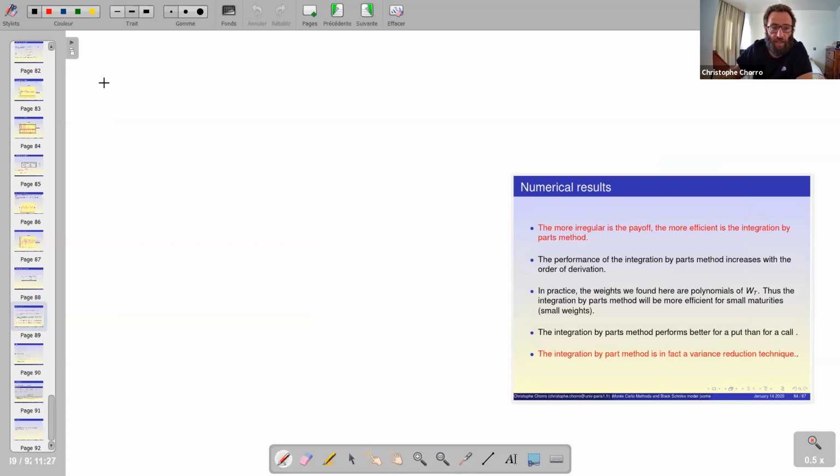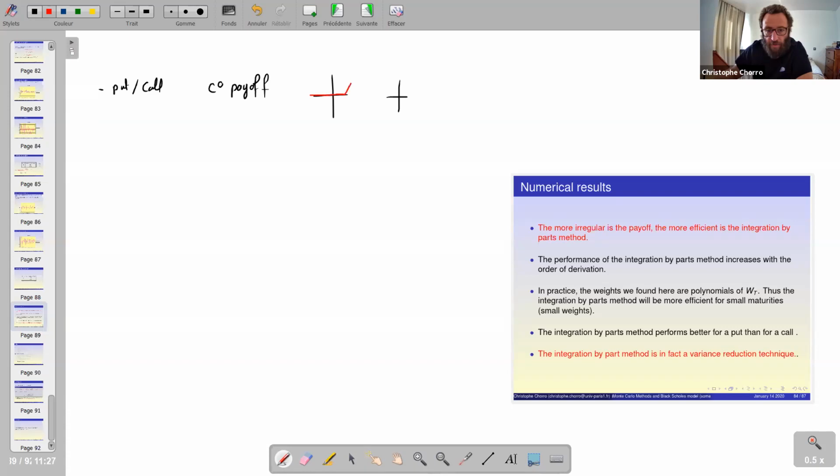In the case of the put or call, you have a continuous payoff function, and the classical thing, something like this.